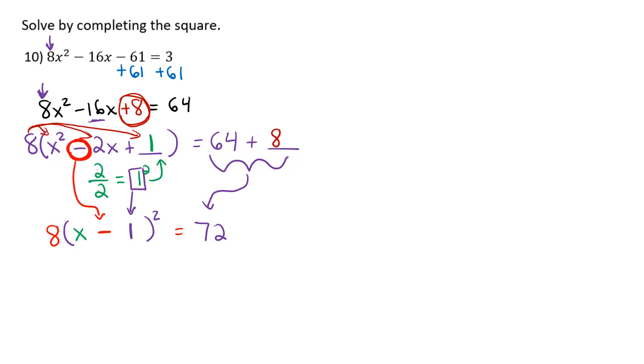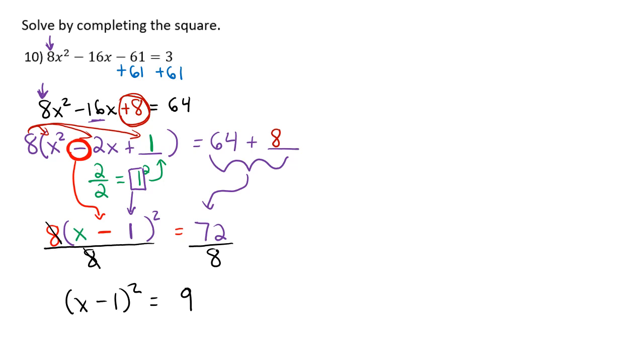Once again, we want to get this parentheses squared by itself, which we have an 8 in front. This is 8 times that parentheses, so we want to undo that multiplication by dividing. So these 8s would divide away, getting us down to x minus 1 squared equals 9. Now it's very similar to the problem we've been doing.